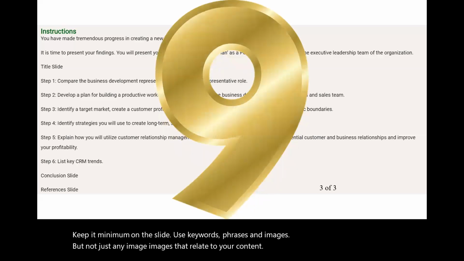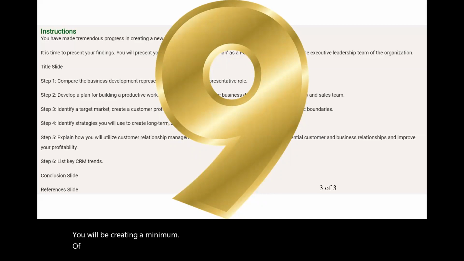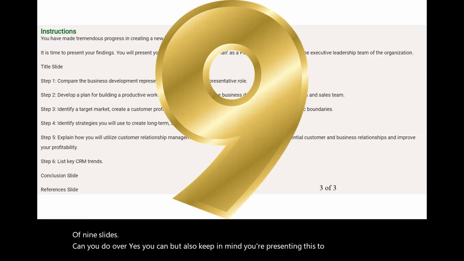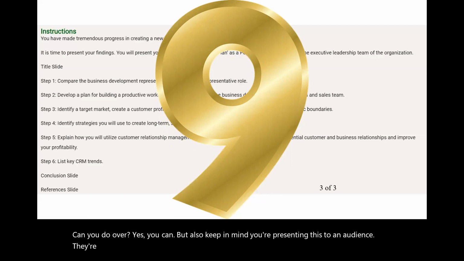You will be creating a minimum of 9 slides. Can you do over? Yes, you can, but also keep in mind you're presenting this to an audience. They're not going to want to sit there for hours and hours listening to you. You ever hear the phrase, less is more?